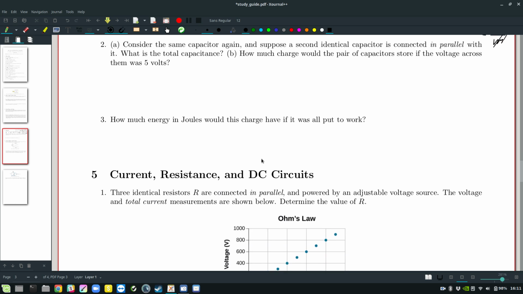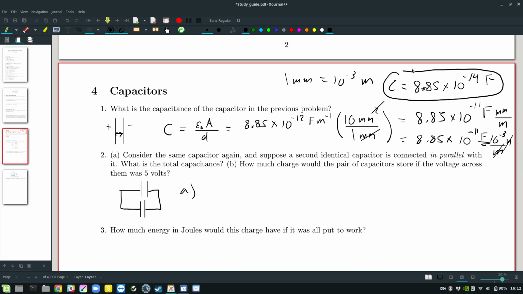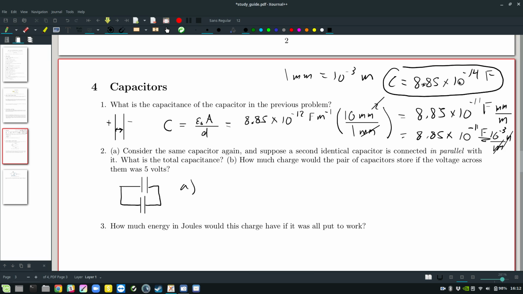So let's consider the same capacitor again in problem 2, but suppose a second identical capacitor is connected in parallel with it. So just hooking them like this is in parallel. What is the total capacitance? Well, it's 8.85 times 10 to the minus 14 for each capacitor, but we're hooking them in parallel, so the rule for parallel capacitors is that they just add.